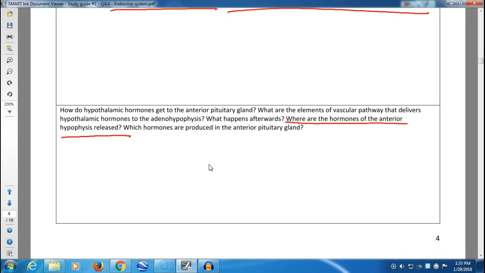There's melanocyte stimulating hormone, but we didn't talk about it, so it's not going to be on the exam. I think we're done. I think that's it for the anterior pituitary, okay? Again, there will be no list, so don't worry about forgetting anything. I mean, remember them, but you don't have to list them all.